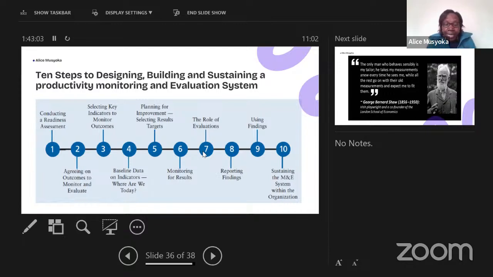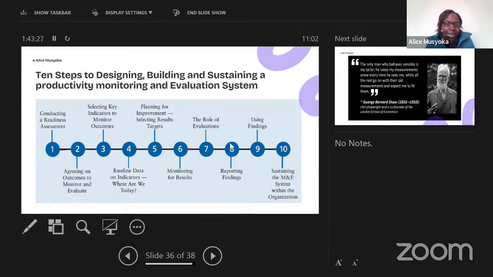The next point is reporting findings. Collecting all this data, measuring and doing everything is all aimed at giving us a good report, findings that can be implemented, findings that will help the organization move forward.